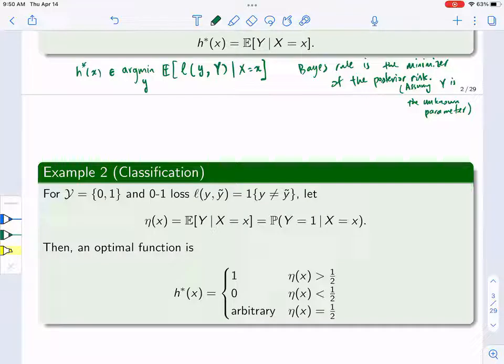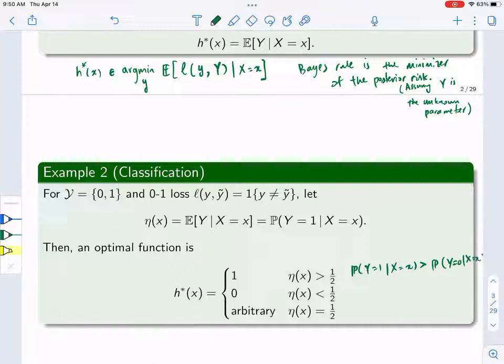If eta(x) is bigger than 1/2, since the two probabilities, y equal to 1 and y equal to 0, sum to 1, then the probability that y equals 1 given x is bigger than the probability that y equals 0 given x.